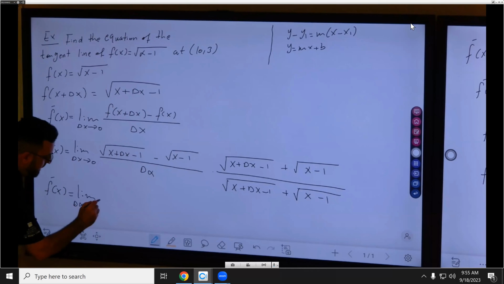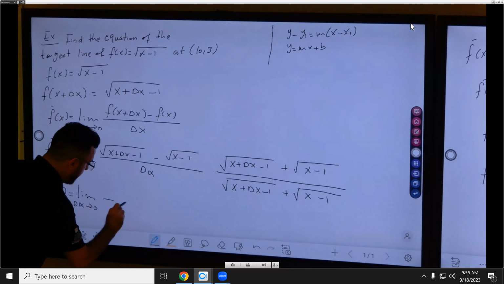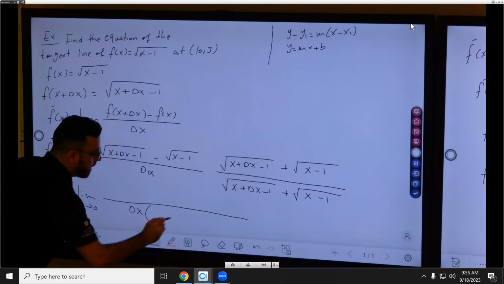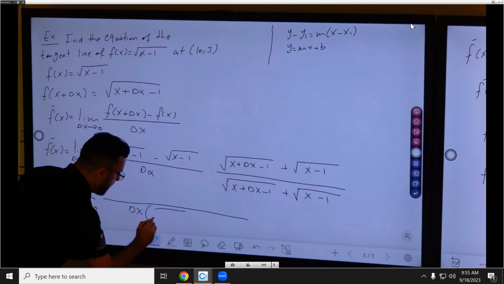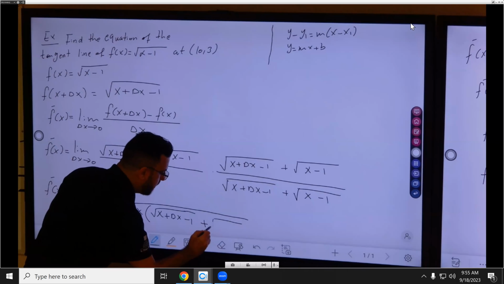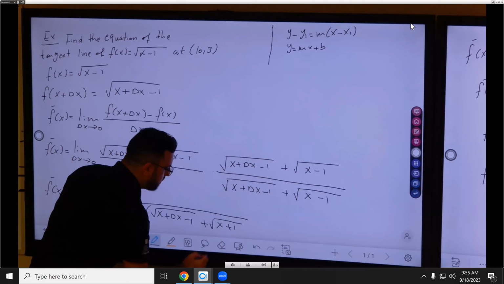Now I'm going to write down the bottom part, the same thing. Here's delta x, and I'm going to say square root of x plus delta x minus 1 plus square root of x minus 1.